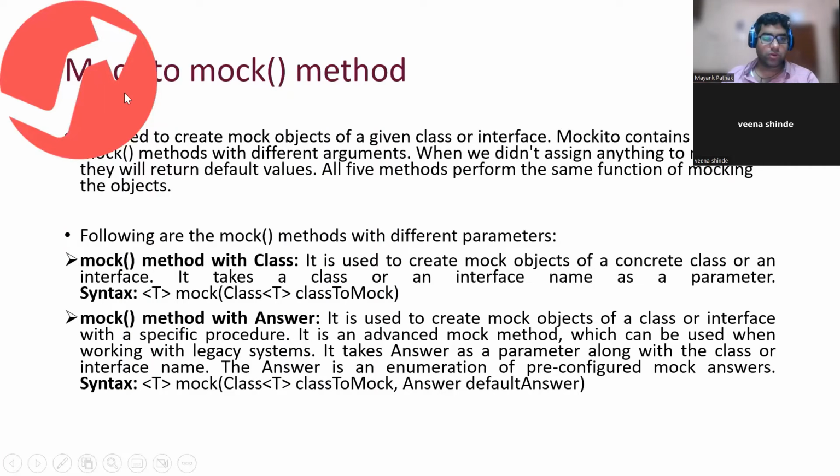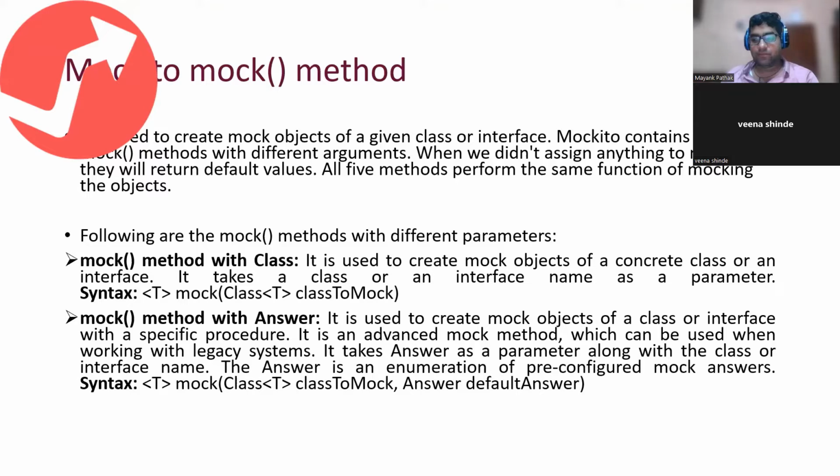Mockito contains 5 mock methods with different arguments. So first we will see this mock method. What is mock actually? Mocking basically means that you are creating an object which is connected with the class object.